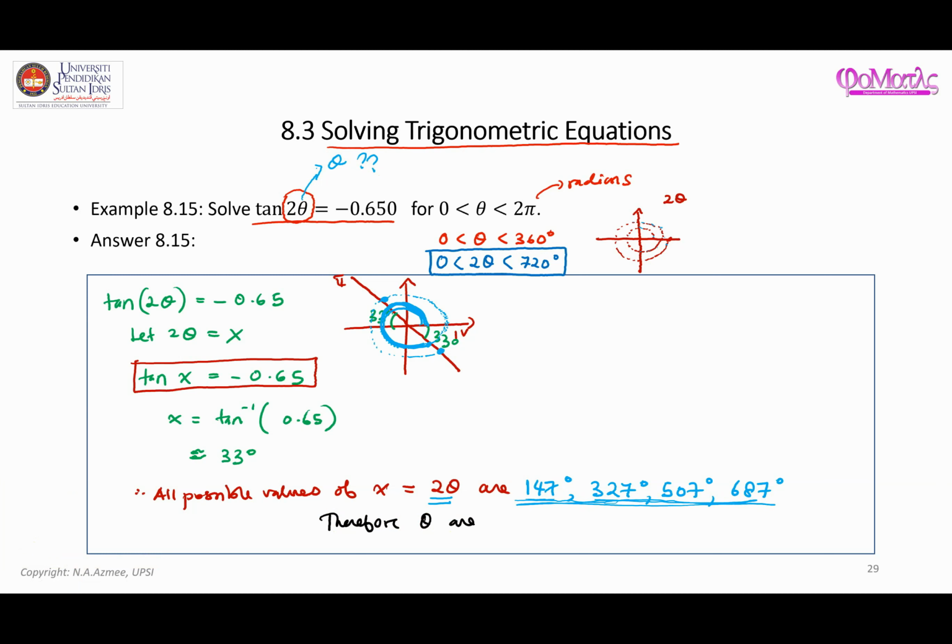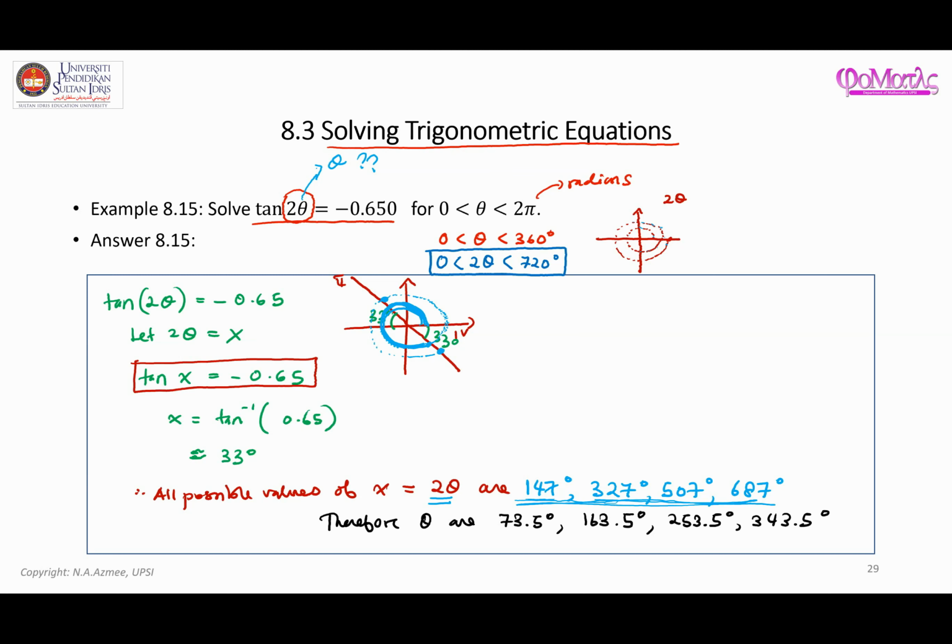So 147 divided by 2 is going to be about 73.5 degrees. 327 divided by 2, you will get 163.5 degrees. This one you will get 253.5 degrees, and this one is 343.5 degrees.